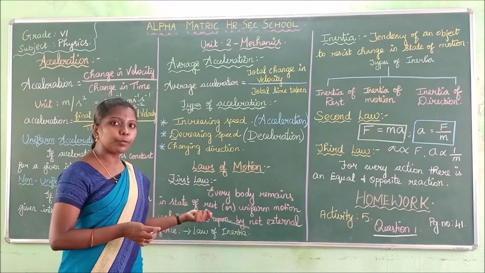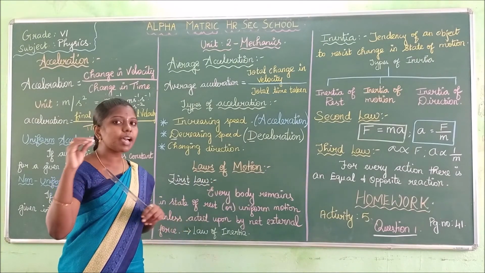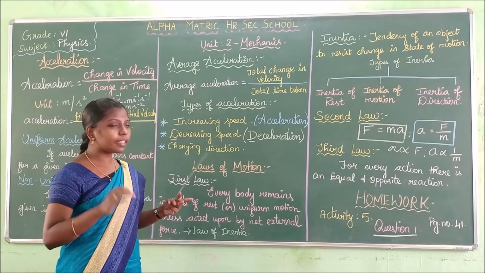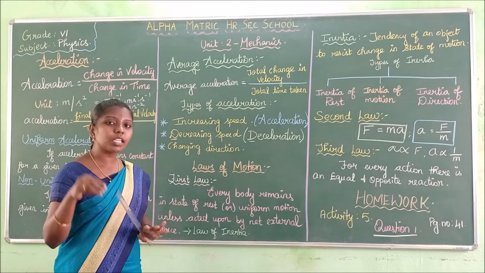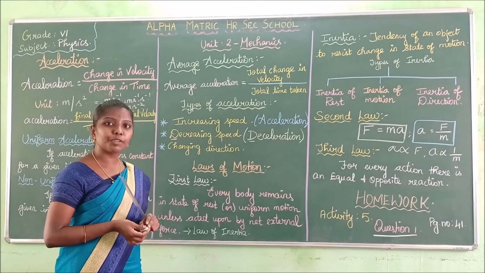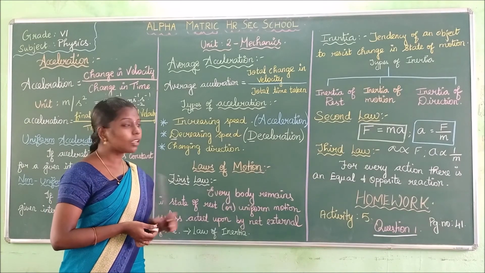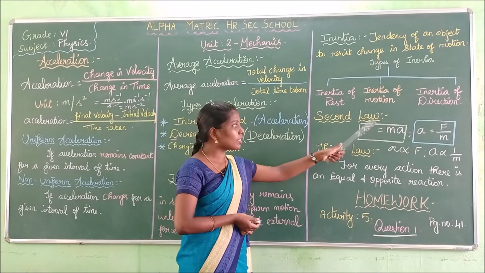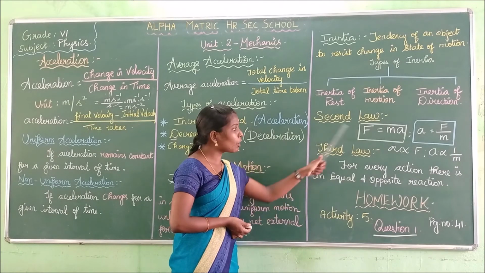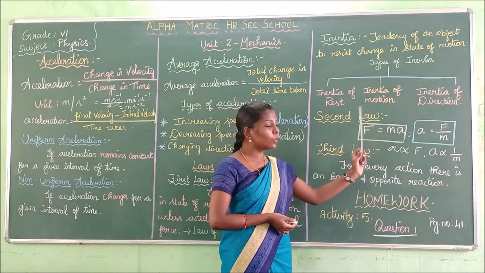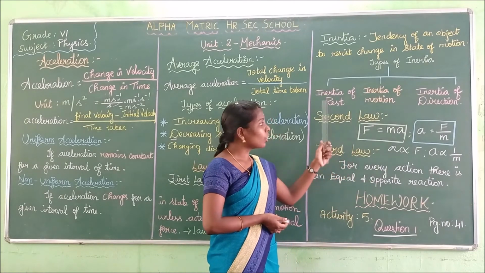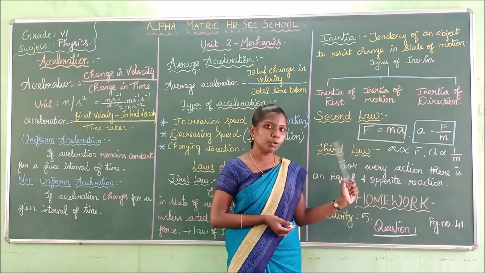Force is directly proportional to mass and acceleration. Acceleration is directly proportional to force and inversely proportional to mass of a body. Is it clear? This formula is not given in your textbook. F is equal to ma is the formula of Newton's second law of motion.